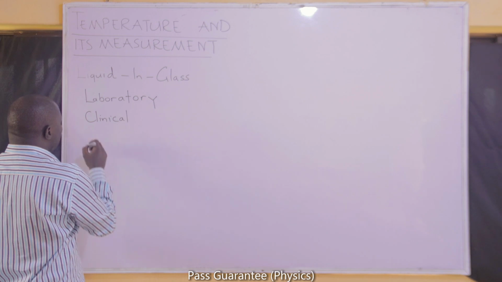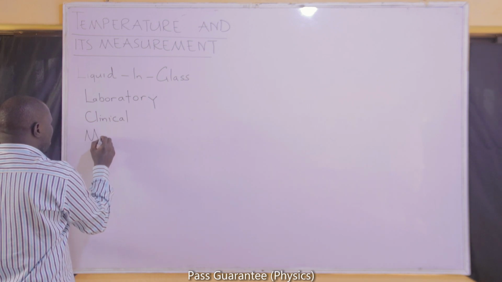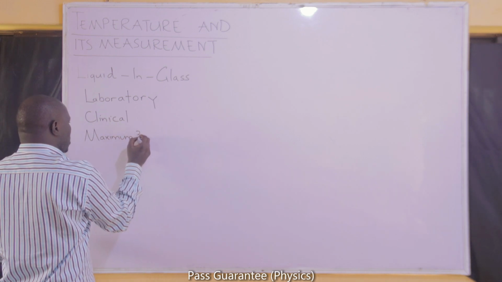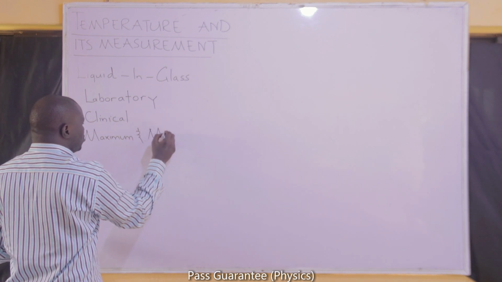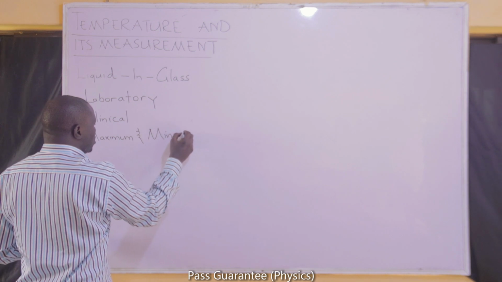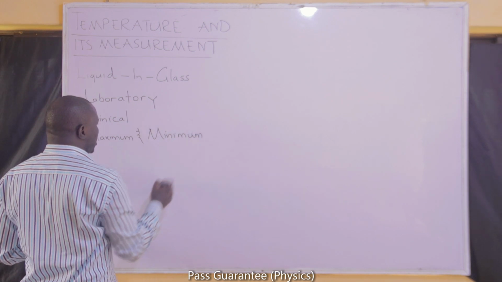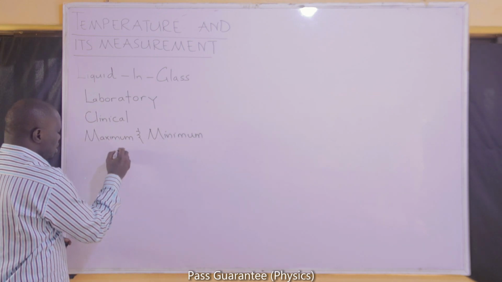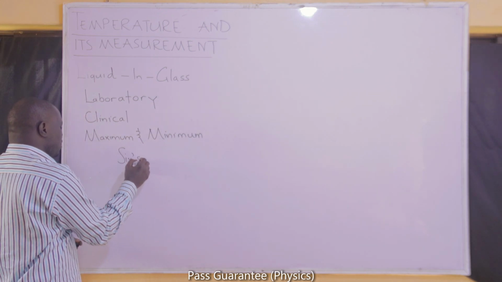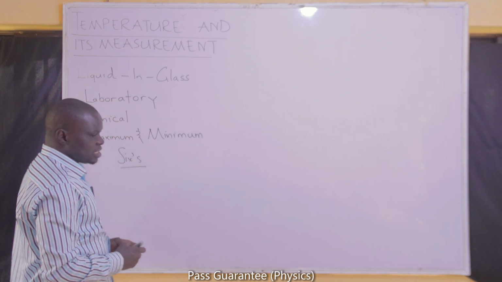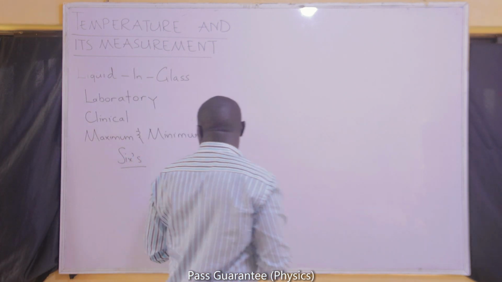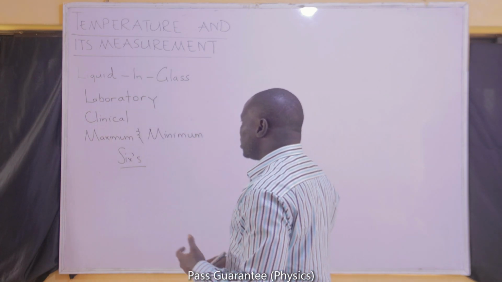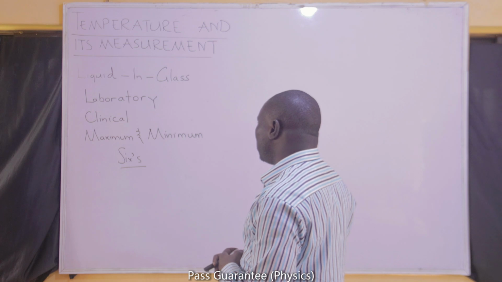And we have the maximum and minimum thermometer. Sometimes the maximum and minimum thermometer can be referred to as the Six thermometer, in reference to the scientist that first gave it to us.